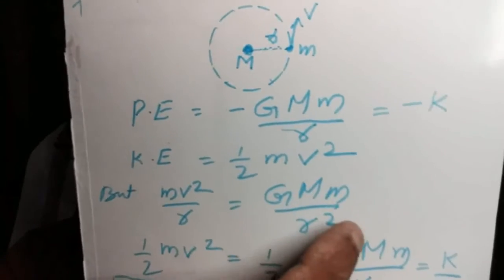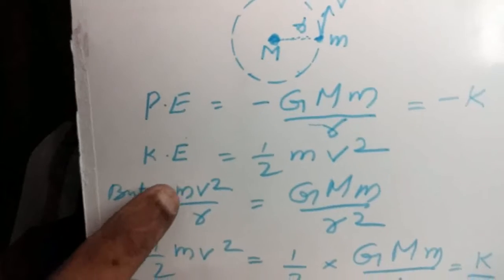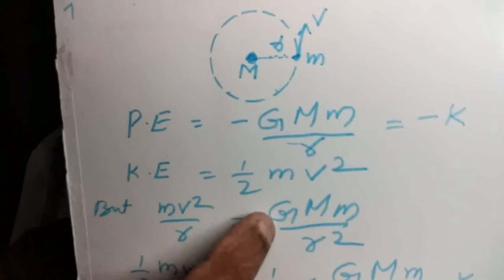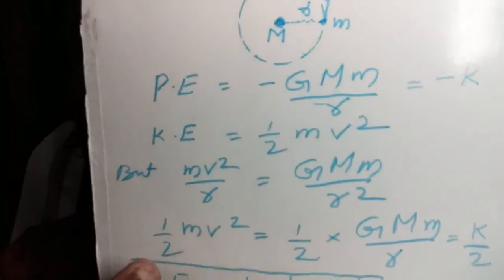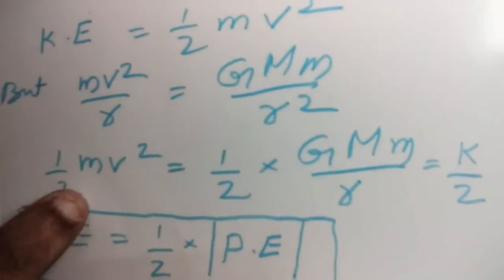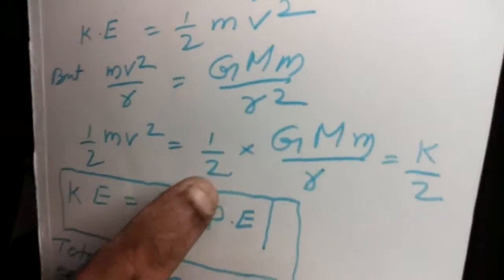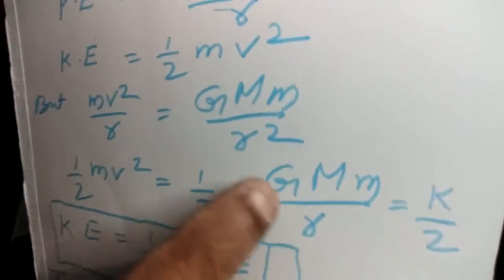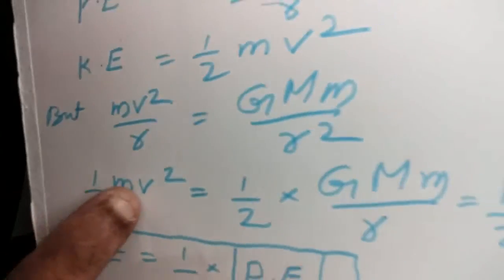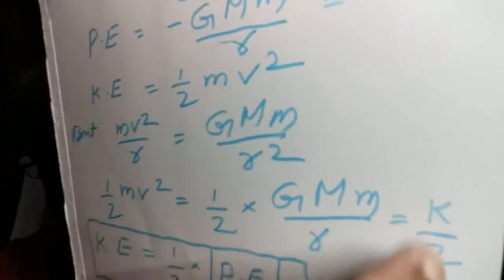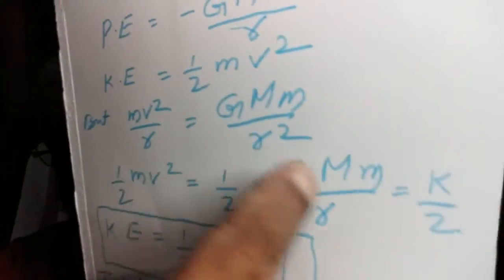One r would go. Then we get mv square equals GMm by r. So multiply with half. Then you get half mv square equals half into GMm by r. GMm by r is k. So kinetic energy equals k by 2, half into k.